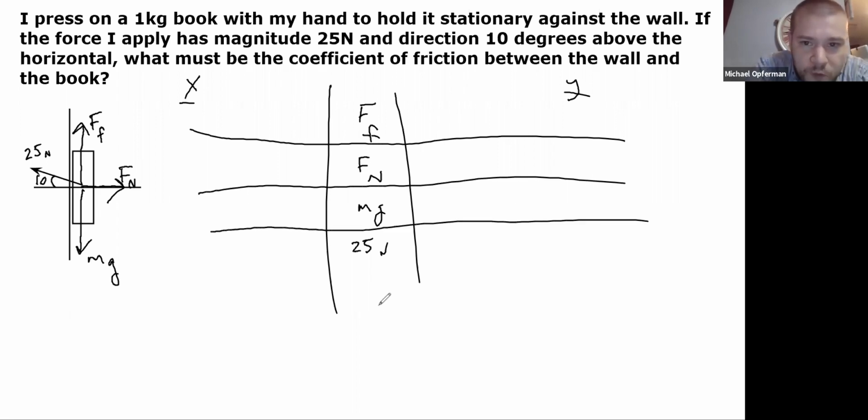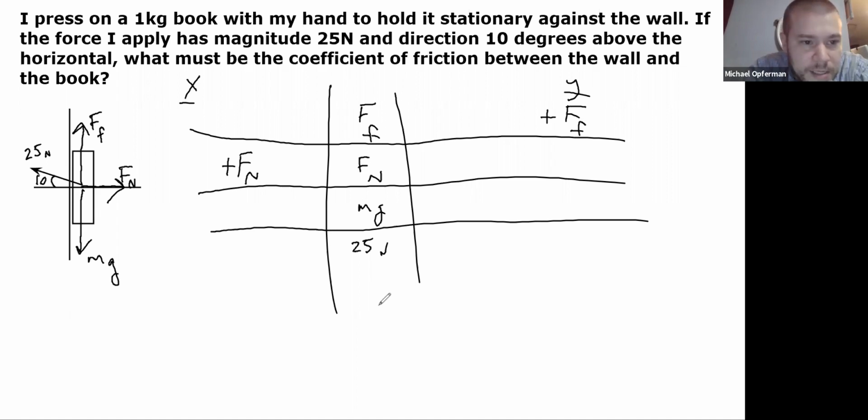Friction force is in the positive y direction. I'm not going to worry about plugging anything in yet. However you calculate the friction force, it's in the positive y direction. Normal force is in the positive x direction.